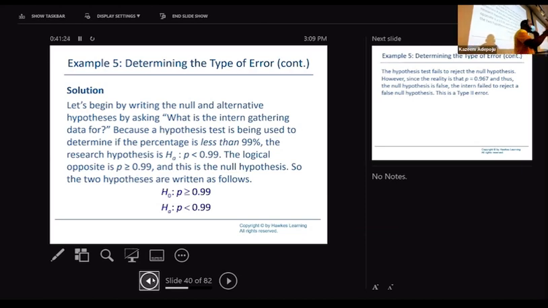I said at the beginning of the class that we got 3 possible symbols under the null hypothesis. It's either you have equality sign, or greater or equal to sign, or less or equal to sign.